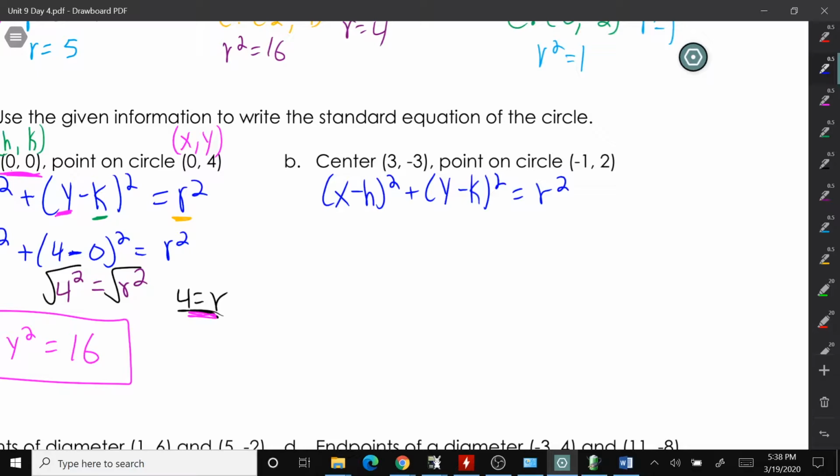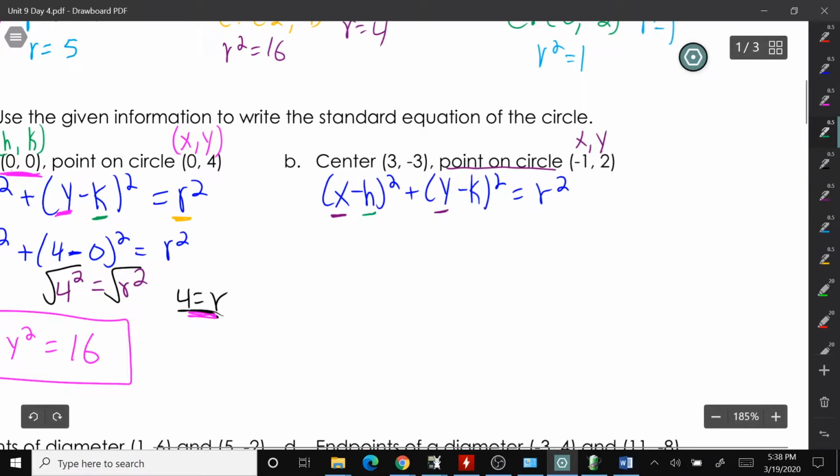So I come up with another way that will hopefully make things a little bit easier. So we need to plug in our values. x and y come from the point on the circle, and h and k are the center of the circle. So now I can substitute my values.